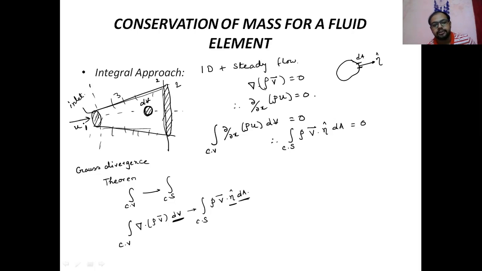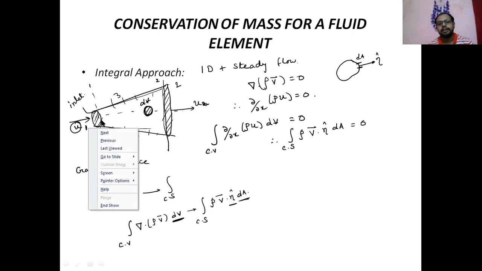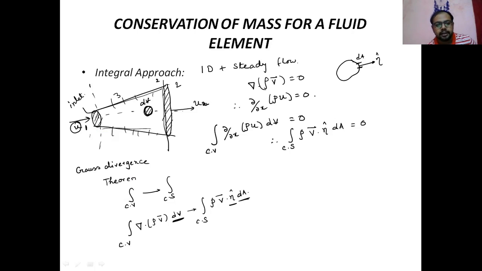So U is in this direction, and here also it is getting out. It is not U1, U2, it is just U. Whatever velocity is coming in on this side, the same velocity is going out here also.